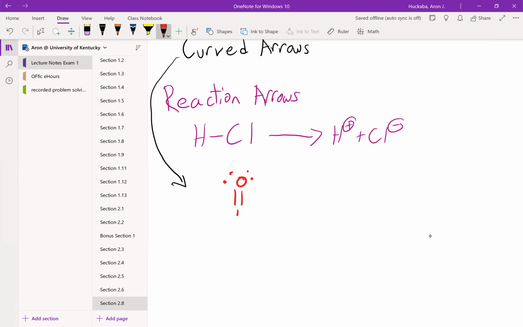Perhaps you remember an example like this, where maybe you had a nitrate anion. It's an anion because we have to draw our formal charges in, positive on the nitrogen, two negatives on the oxygens to give an overall -1 charge, right?